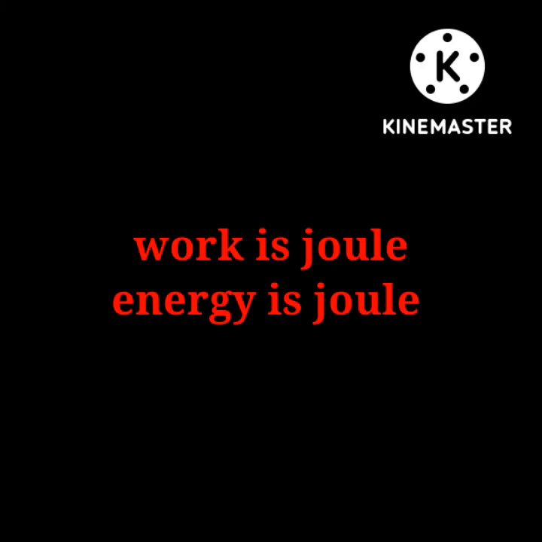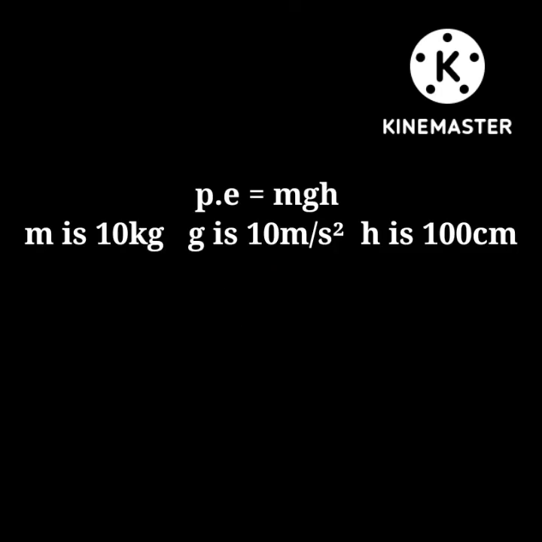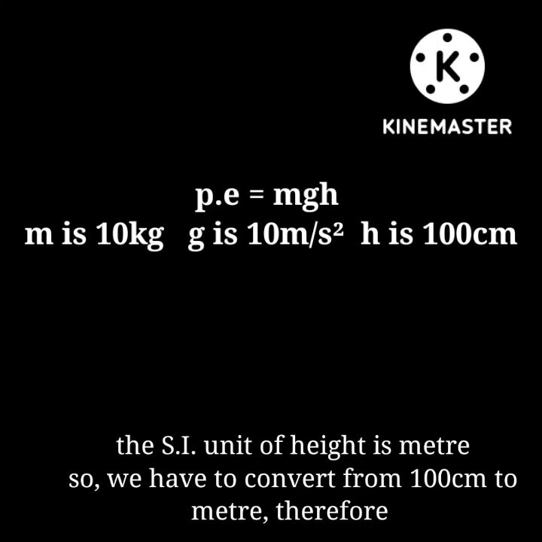Now, we have to understand that the unit of energy and the unit of work are the same. And the PE equals mgh. M is 10 kilogram, the g is 10 meter per second, that is a constant quantity, and the h equals 100 centimeter. The SI unit of height is meter, so we have to convert from 100 centimeter to meter.